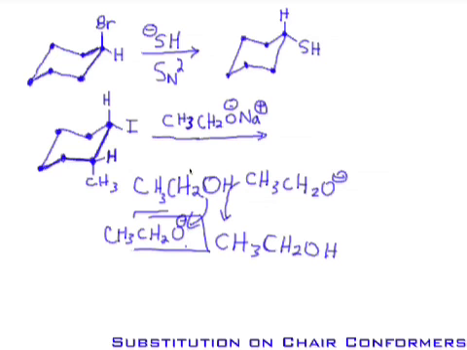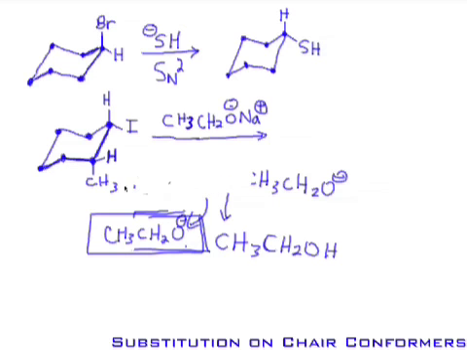So in reactions, if I'm not going to use an aprotic solvent like acetone, I never use water as my solvent. I use the conjugate acid of the base, because if ethoxide deprotonates ethanol, I get back the ethoxide. So ethoxide's always present in solution. So you'll often see ethanol used as a solvent with ethoxide.